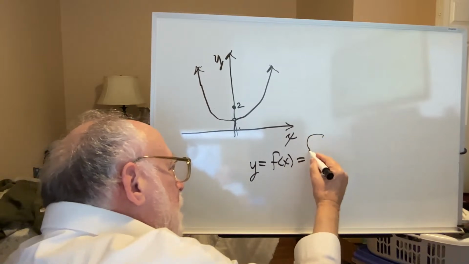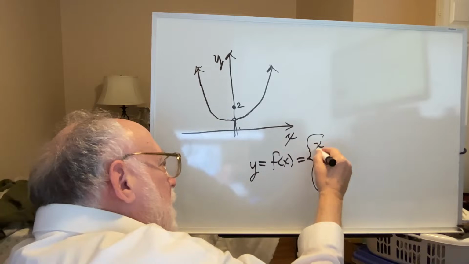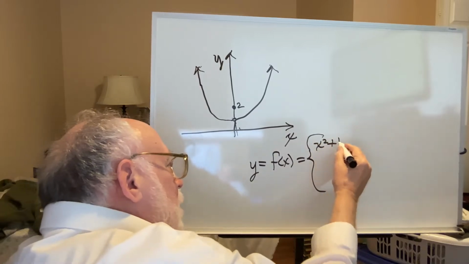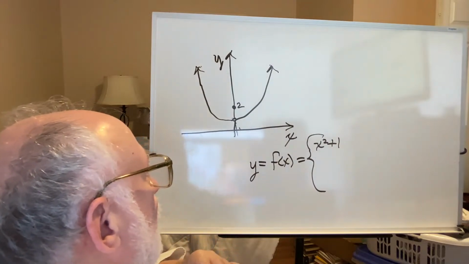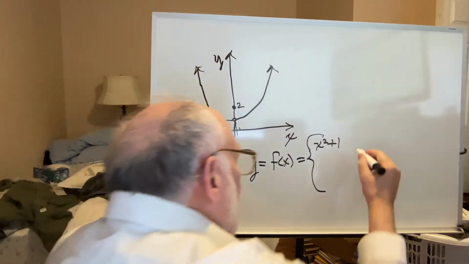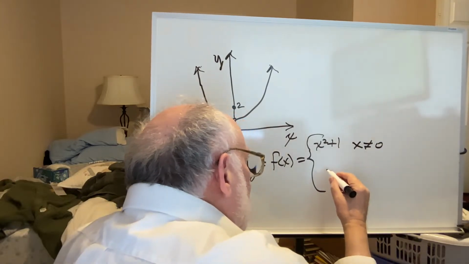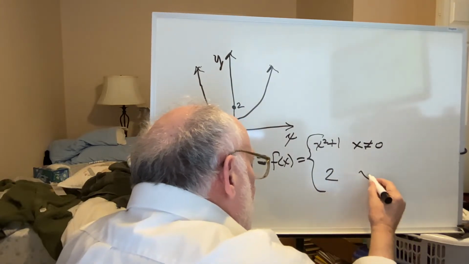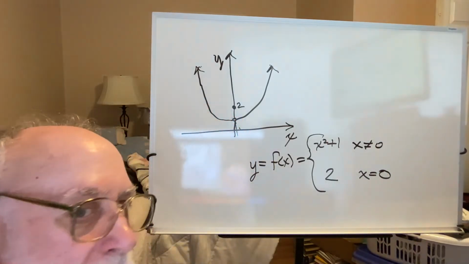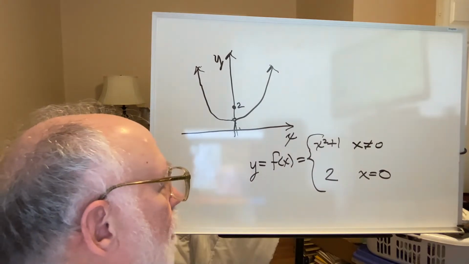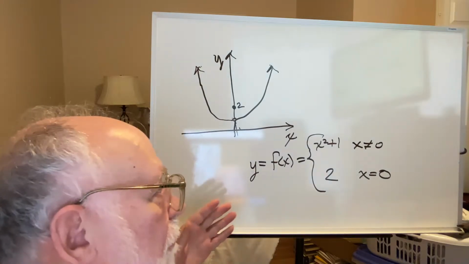It's equal to x squared, and we're going to jack it up 1 unit, translated vertically 1 unit, x squared plus 1 when x is not 0. And we're going to call it 2 when x is equal to 0. Now, this is a real valued function of one real variable.